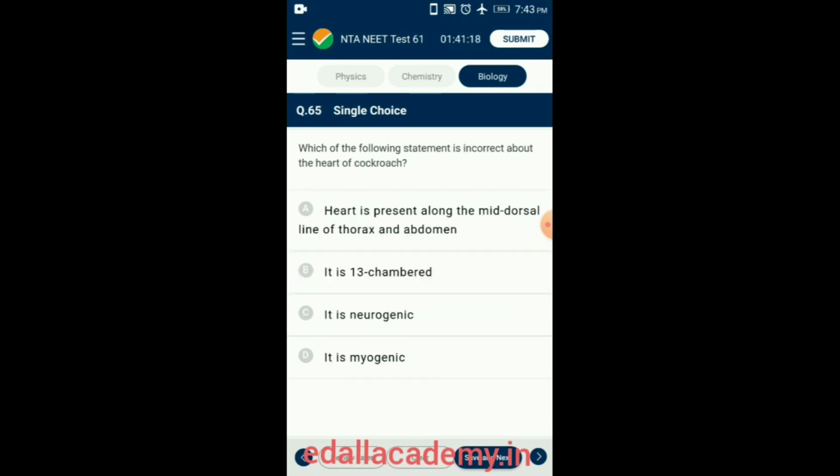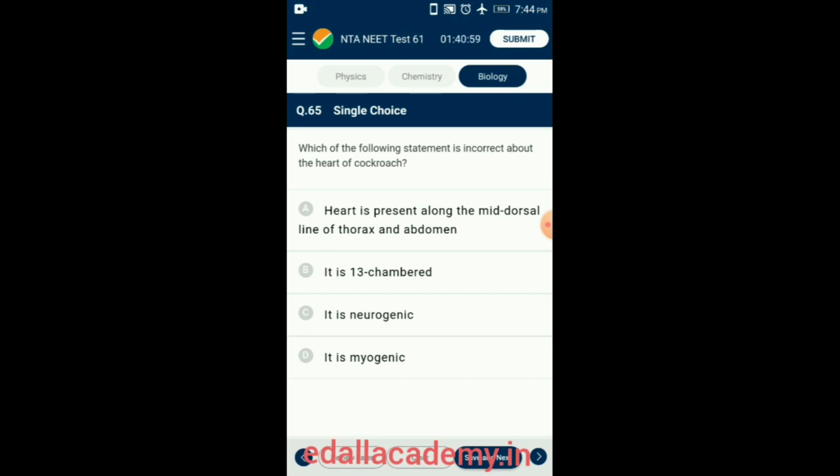Question number 65. Which of the following statements is incorrect about the heart of cockroach? The heart of cockroach is present in the mid dorsal side of the body. The heart is attached to the body wall by 12 pairs of alary muscles.